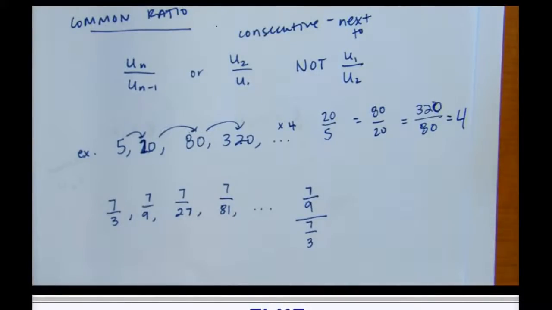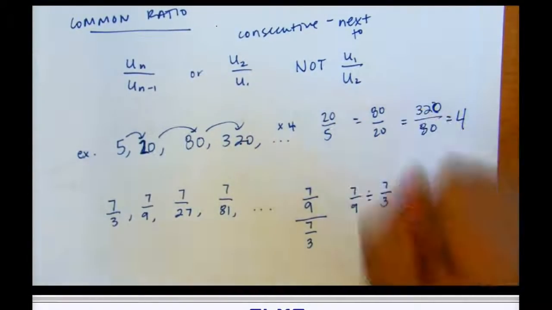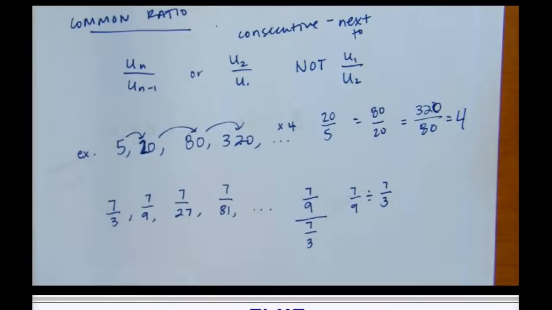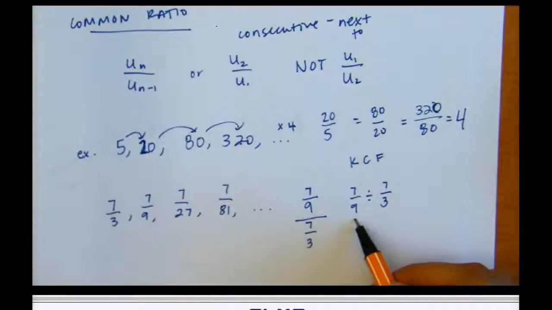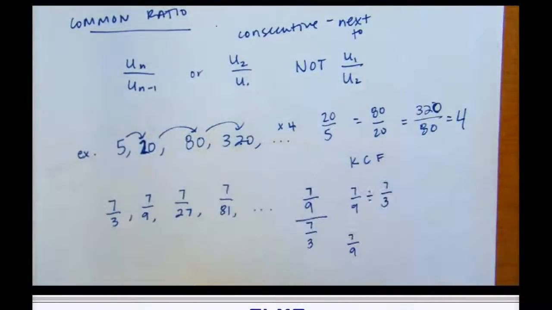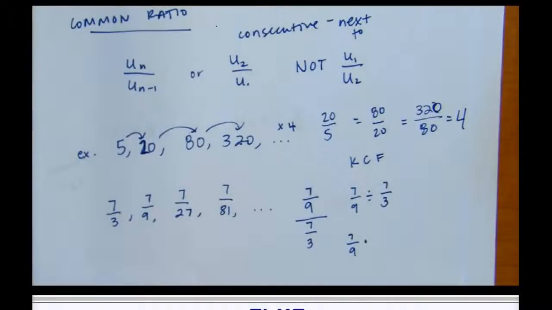When I'm dividing fractions, it's a little bit easier to write it out horizontally, so that's 7/9 divided by 7/3. Take a moment and reflect, what do you remember about dividing fractions? What do I have to do after I've written it out linearly? Hopefully you remembered that you have to keep, change, and flip, so I'm going to keep my first fraction, 7/9. Change division to what? Great, multiplication. And then I'm going to flip my second fraction, so instead of 7/3, it will become what?